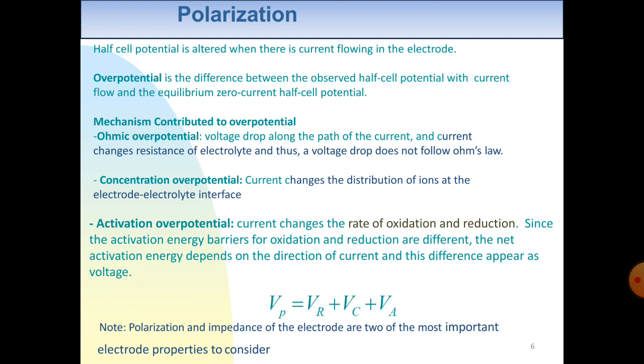Okay. Our body consists of so many cells. So in our body, a cell contains positive and negative ions. If a cell is in resting state, the potential is called resting potential.